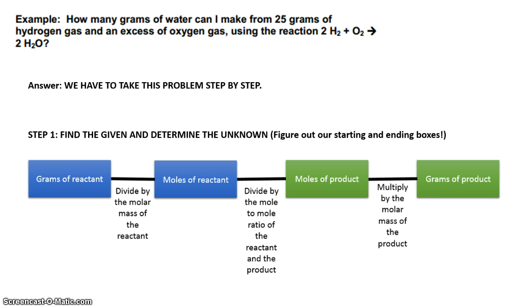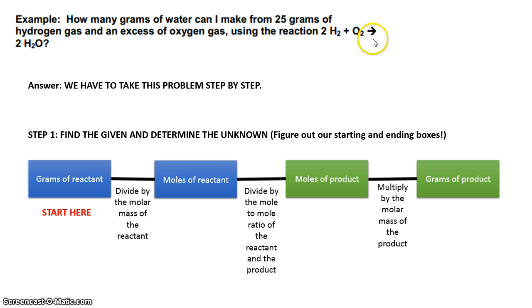And so you can do a quick sketch of your diagram and you go, okay, how many grams of water can I make from 25 grams of hydrogen gas? So I know already that I have 25 grams of hydrogen gas, and that is a reactant. So that's where I would start. That's the given that I have to work with, and I'm going to convert from grams of this hydrogen or reactant to get my unknown, which is how many grams of water.